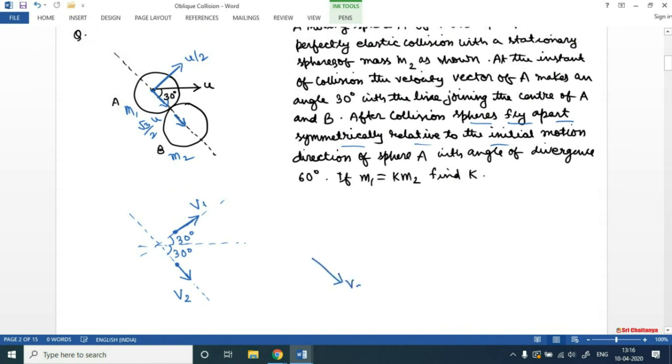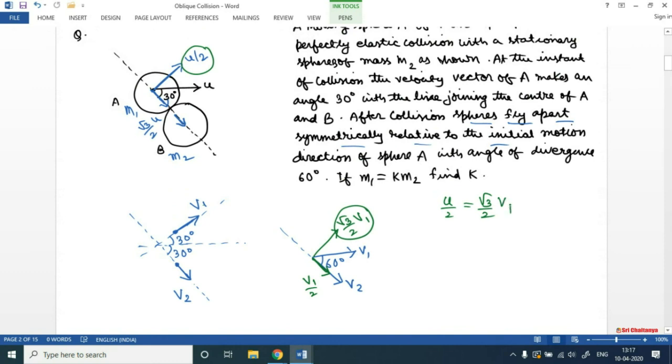So this is V2, and this is some V1, and this is a 60-degree angle. We have to resolve this V1. This is going to be V1 by 2, and this is going to be root 3 by 2 of V1. You can see that this component and this component are going to be the same. So one equation would be u by 2 is equal to root 3 by 2 V1.